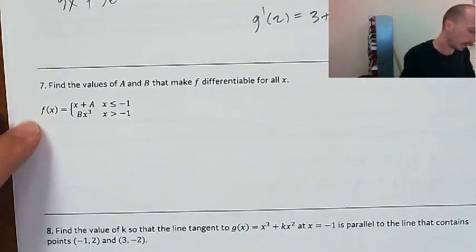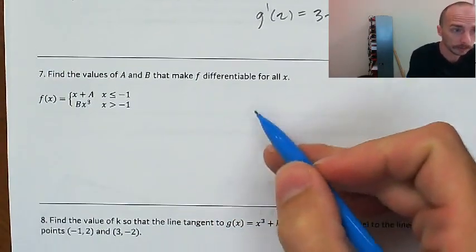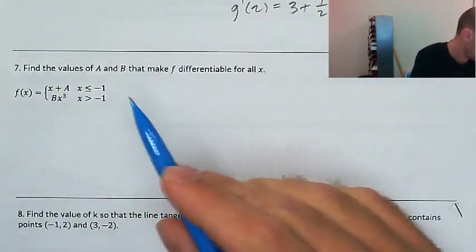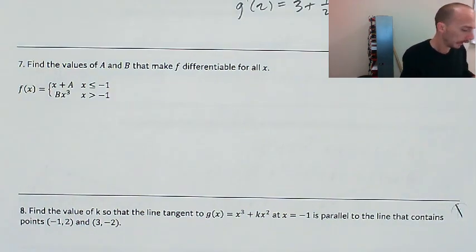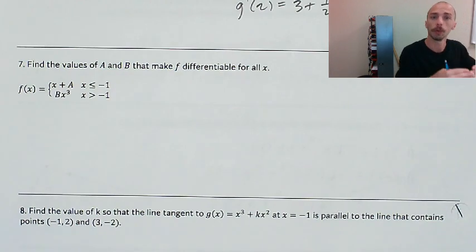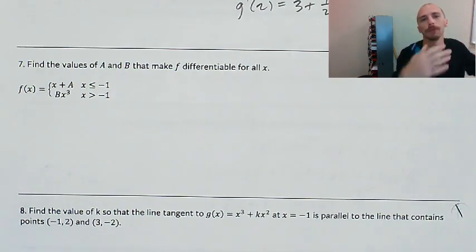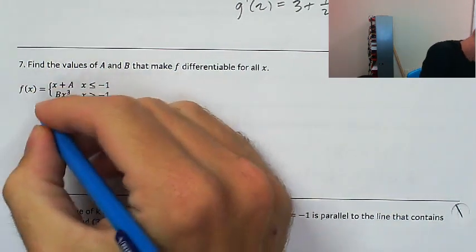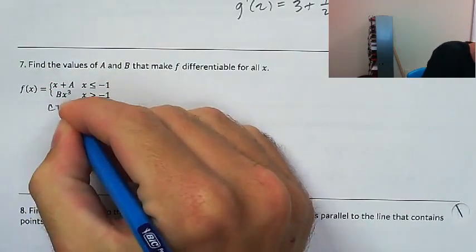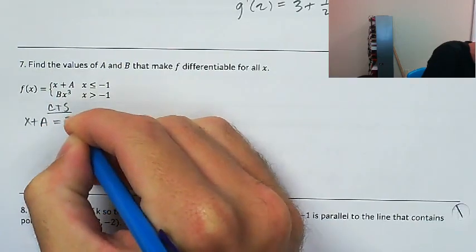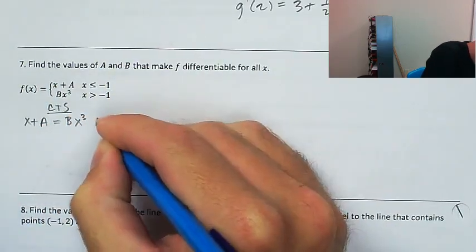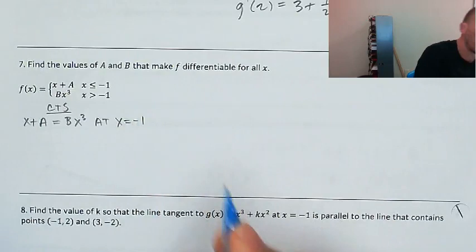All right, finding the values of a and b that would make f differentiable at all x. That's going to be where we need to set the pieces equal to each other to make sure it's continuous, and then we'll take the derivative of each piece, and make sure that they're equal so that it's not only meeting up, but meeting up smoothly. So to make sure it's continuous, we're going to say x plus a equals bx to the third at x equals negative 1.